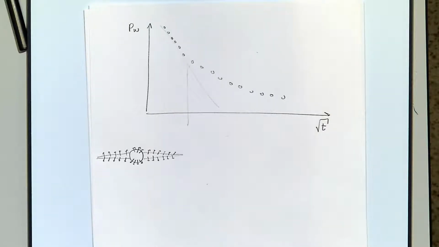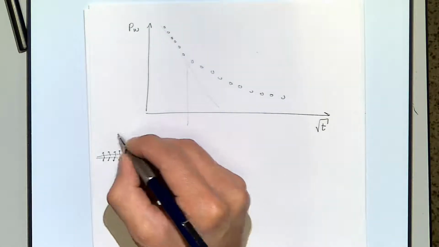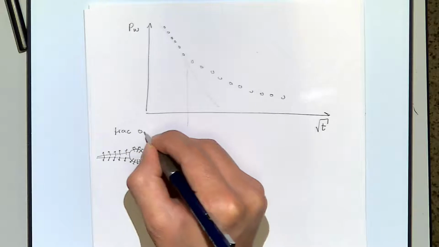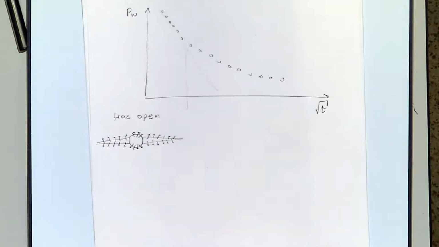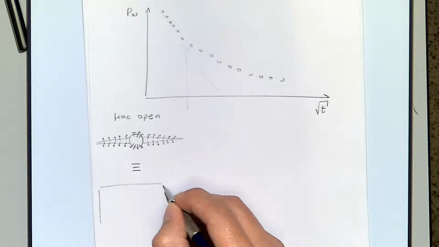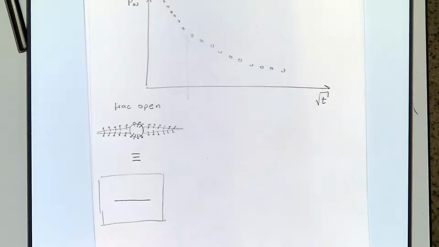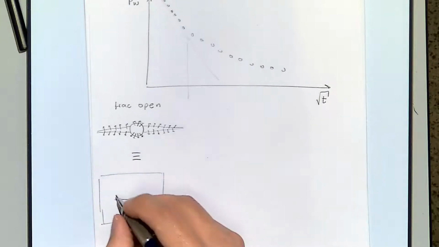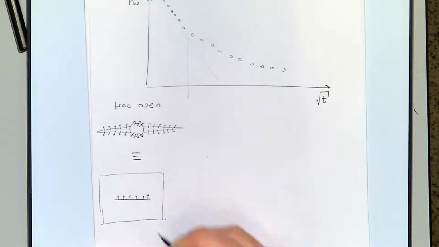So here the fracture is open, okay? And when the fracture is open, this is similar to having a linear source of pressure. So this would be equivalent to saying, if I have a far field like this, I have a source which is a line. Pressure is dissipating from this line.